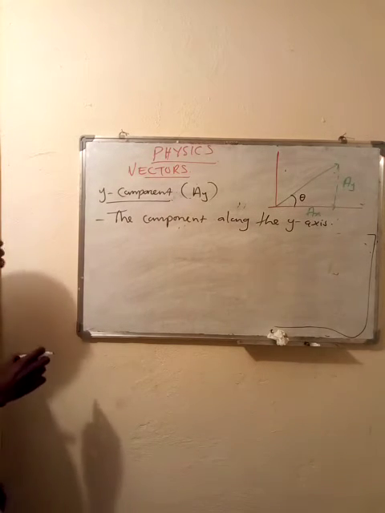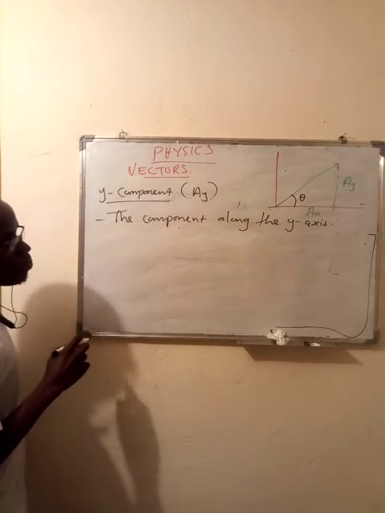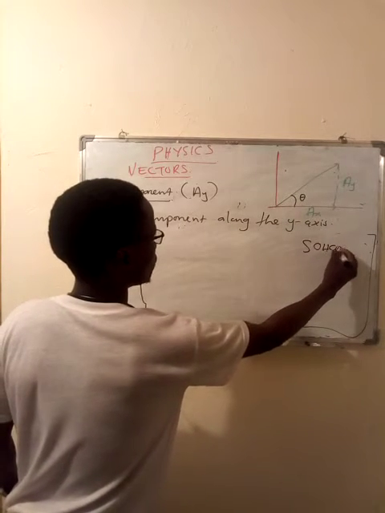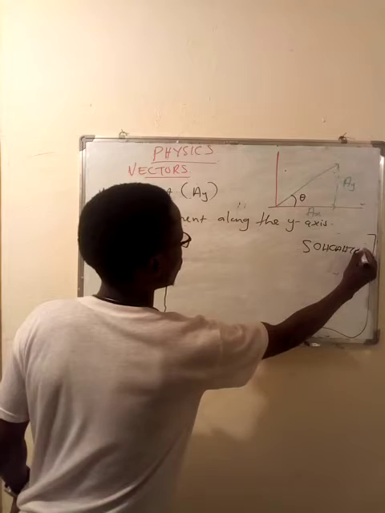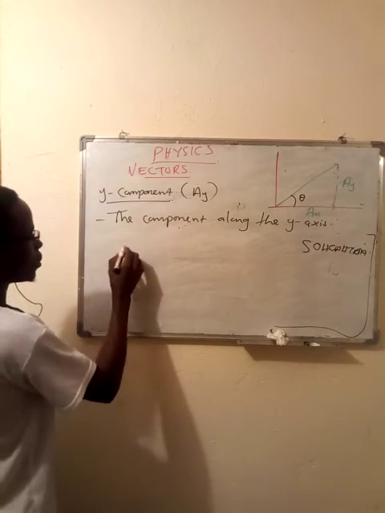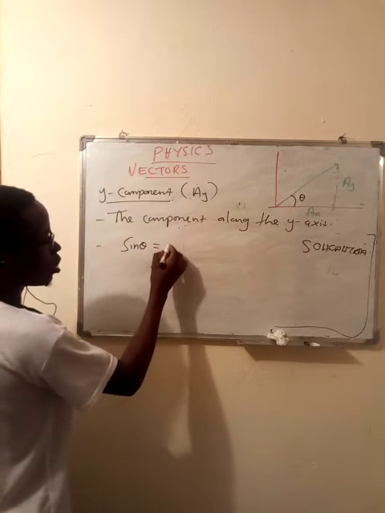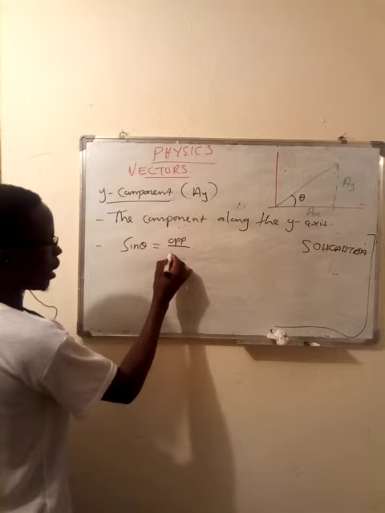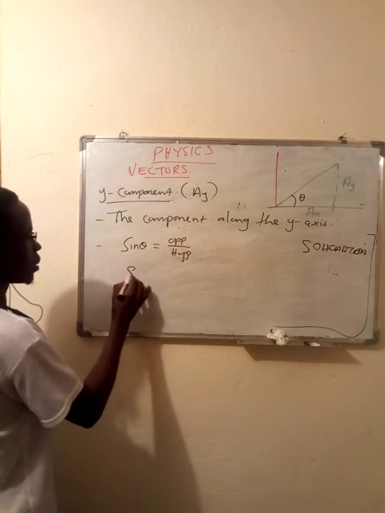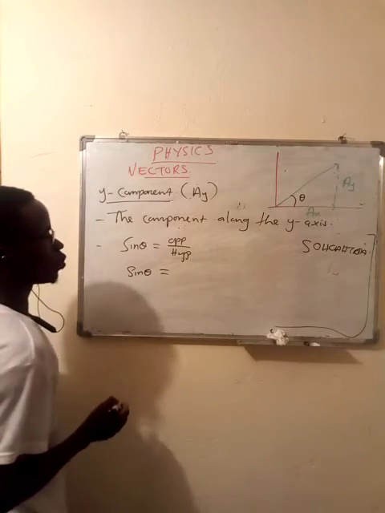Now how do we find this y component? Remember, we're just looking at SOHCAHTOA. So we're going to use the sine. Sine theta is equal to opposite divided by the hypotenuse. So sine theta, which is the angle that we have right there, is going to be equal to, what is the opposite?